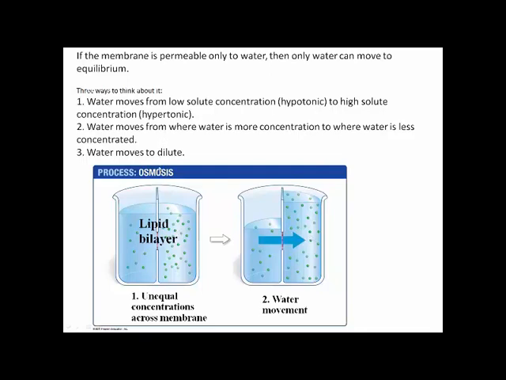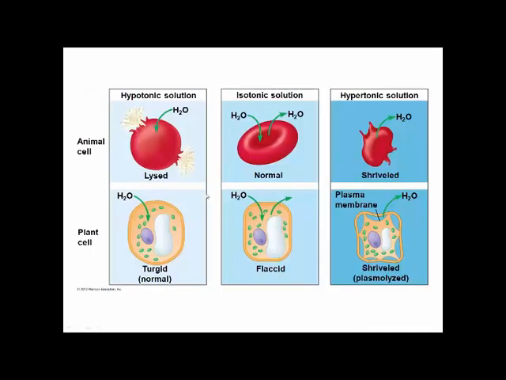Water moves from where it's more concentrated to where it's less concentrated, or it moves to dilute. If the outside of the cell was hypotonic and the inside of the cell was hypertonic, you can imagine water rushing into the cell. That's a situation where, in animal cells, a cell would lyse. If water diffused into the cell in order to dilute an incredibly hypertonic interior, the cell would lyse.